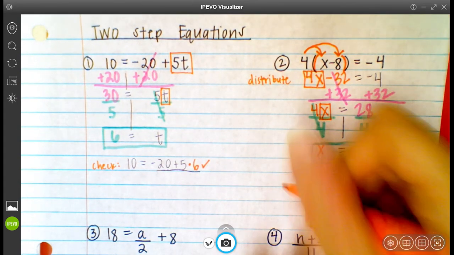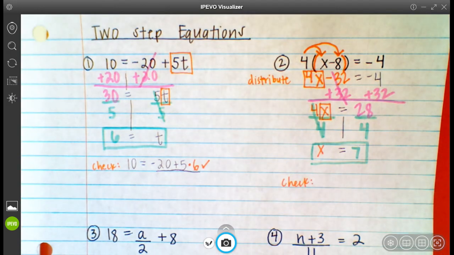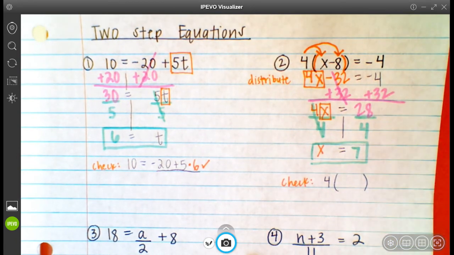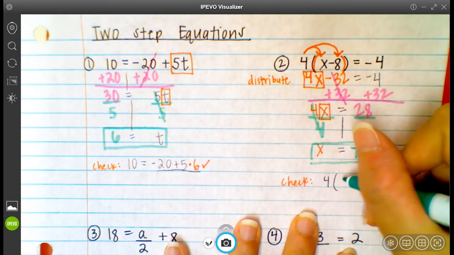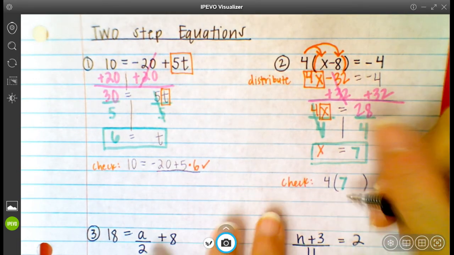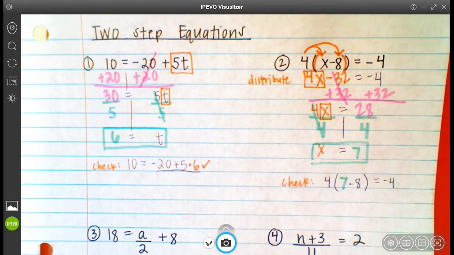So if I wanted to do a quick check, it would go a little bit like this: we would take 4 in parentheses, and inside that parenthesis we would put in our value of x, which is 7, that we found, minus 8. Would that equal negative 4 is the question.